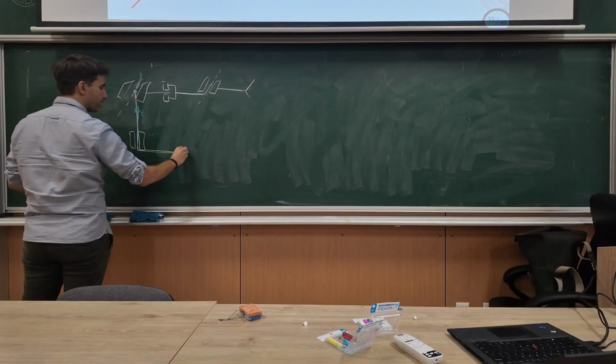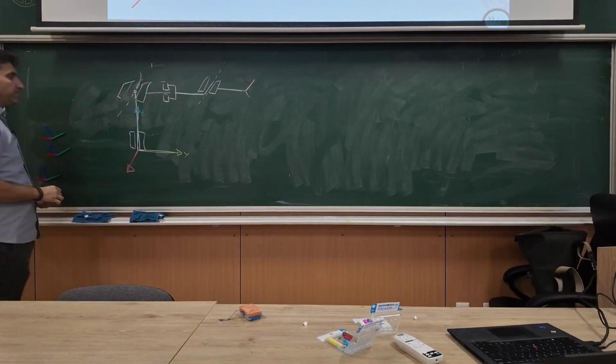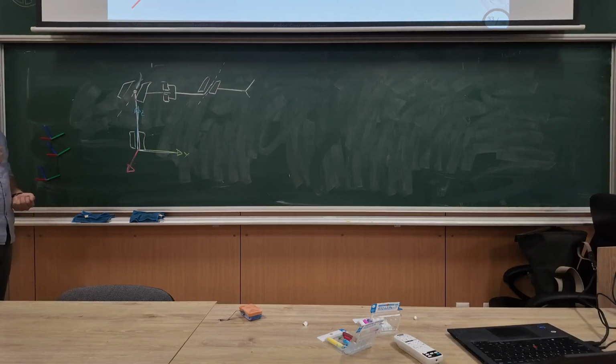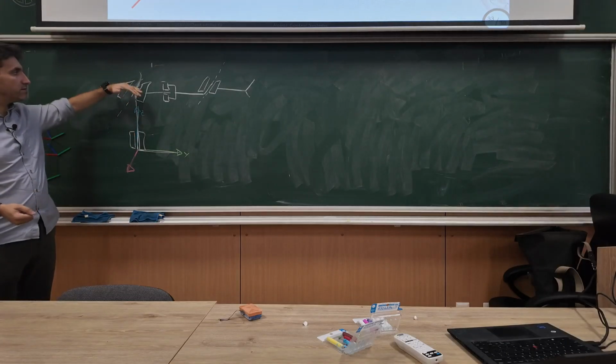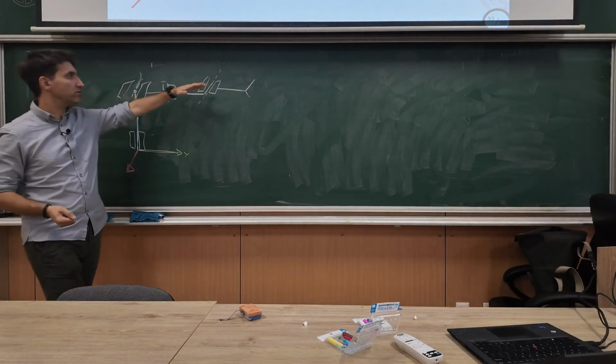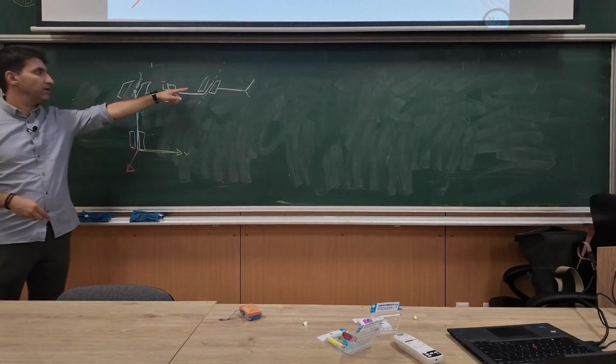Y, X. Great. What's the first step? Identify what are the links and the joints. As I say, I try to describe this is a joint rotating like this, joint rotating like this, joint rotating like this, joint rotating like this, and the links, link, link, link, link.